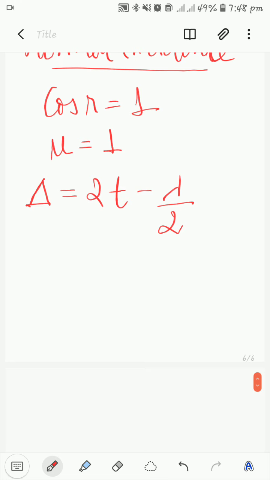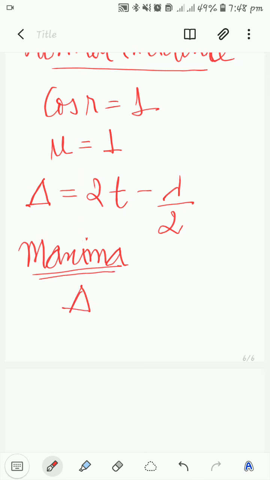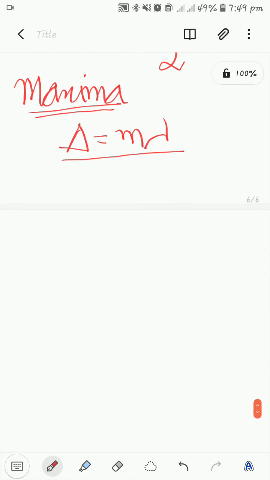Now let us see what happens in the case of maxima. We know that the condition for maxima in interference is delta is equal to m lambda. So we put delta is equal to m lambda in the above condition.